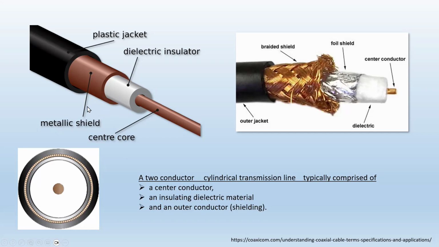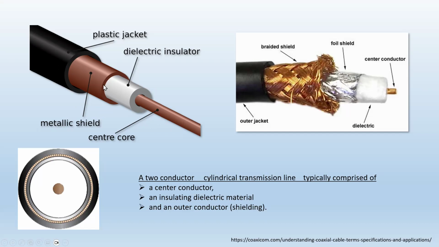The metallic shield serves as a ground reference, and it also provides shielding from interference, as well as shielding from the signal escaping the cable. Sometimes the shielding is more successful than others, but generally speaking, that's the idea. Now, this is just computer-generated graphics to show things.